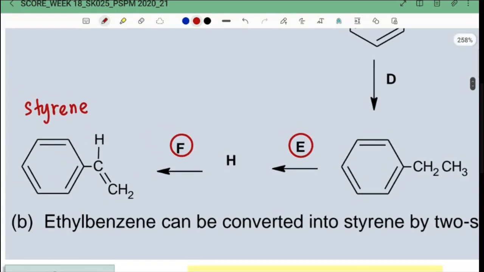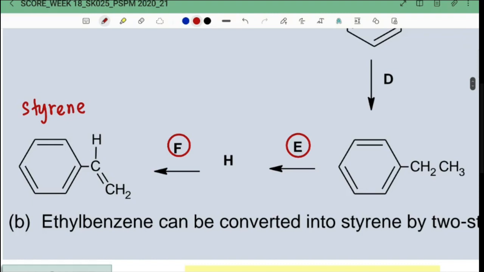First of all, this one we have the selective. If it is an alkyl benzene, to convert it to what we call the haloalkane on its side chain, we choose bromine under UV instead of chlorine because of the selectivity of bromine.